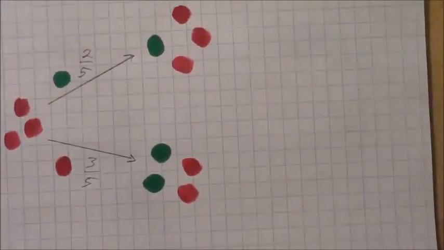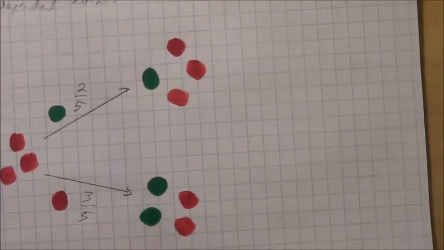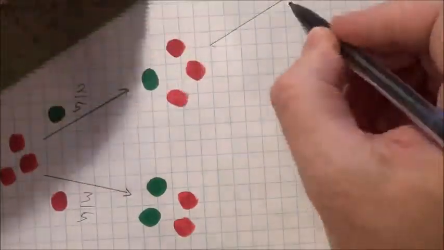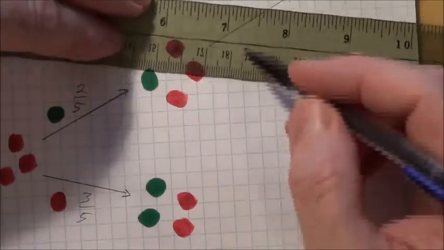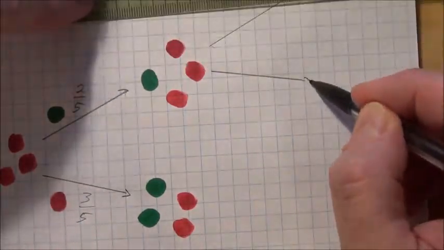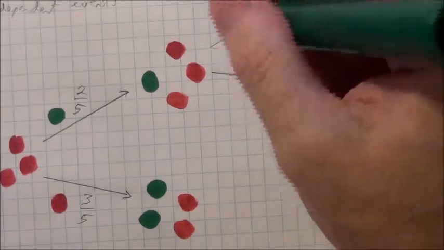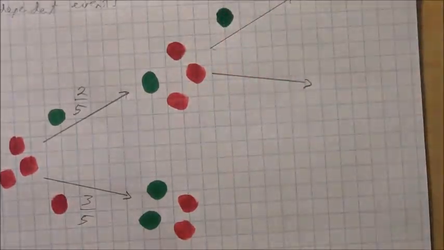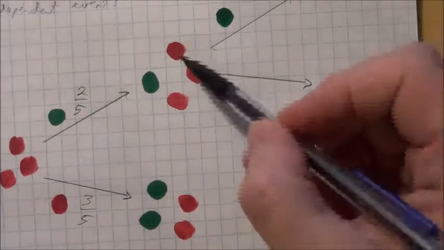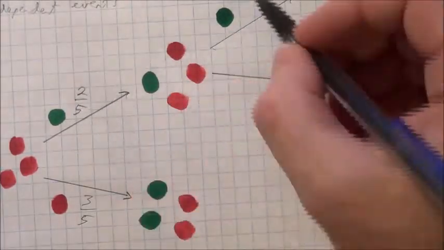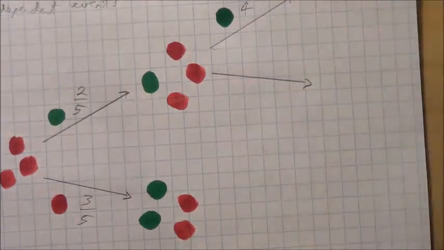So there are two possibilities again here. I can either pull out another green marble, and the probability of pulling out a green marble from the remaining set is, instead of 2 out of 5, now 1 out of 4.